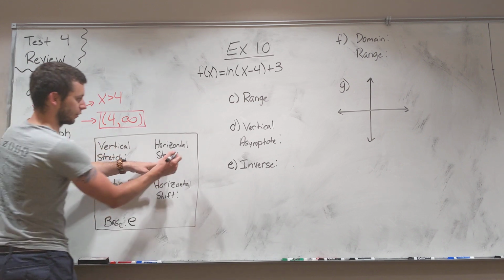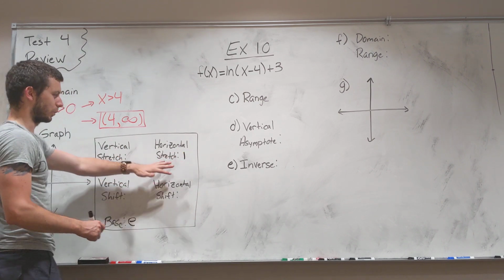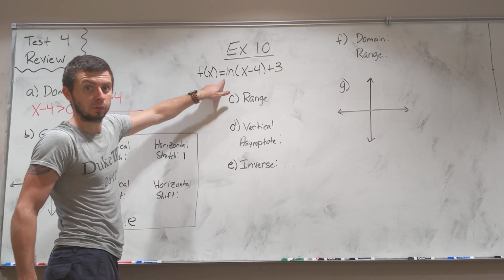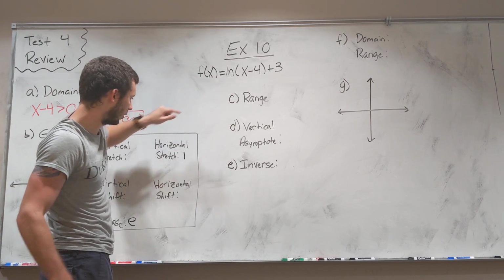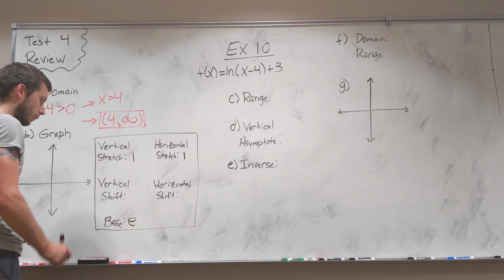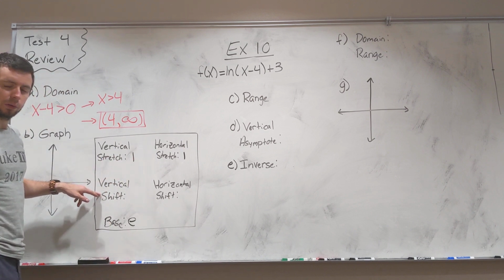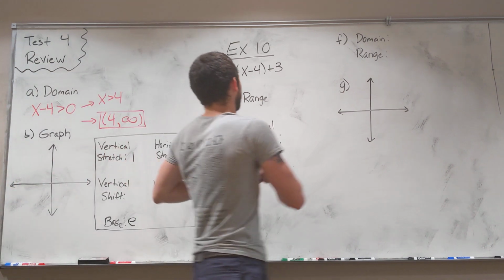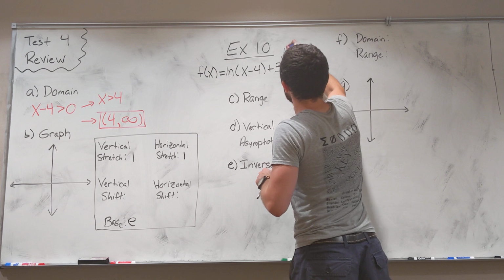The horizontal stretch is always 1, we never touch that, so I'll just default that. Vertical stretch is if there's any numbers multiplying to the natural log. We don't have any, so this defaults to 1 as well. The vertical shift is how much we go up or down. We look at this problem, and we see the +3.